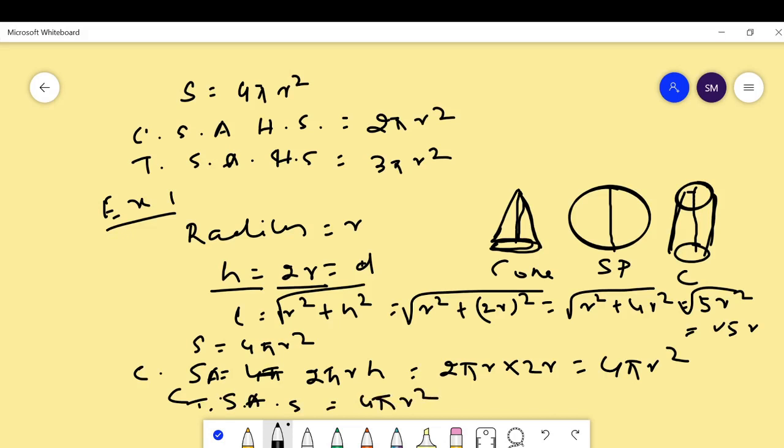Then, for the ratio: the total surface area of the sphere S1 is this.